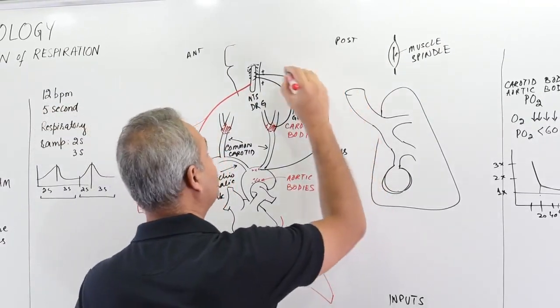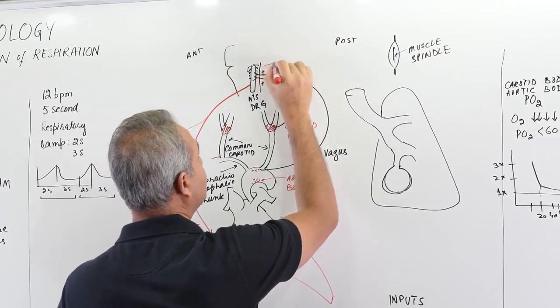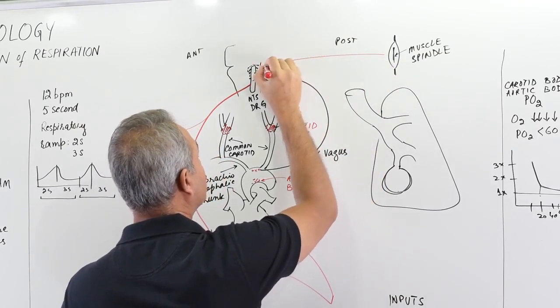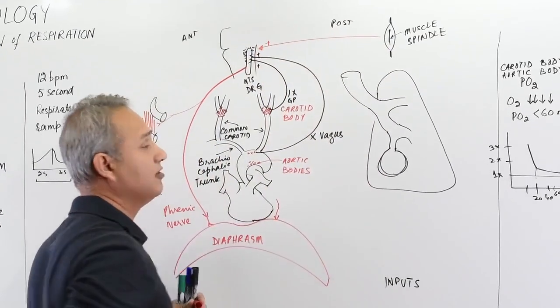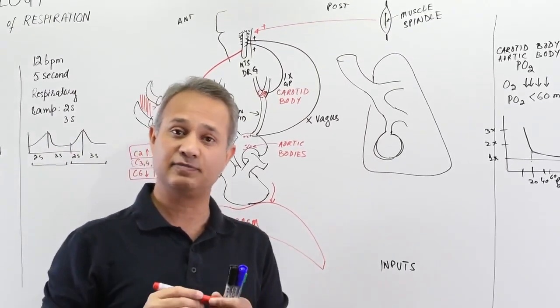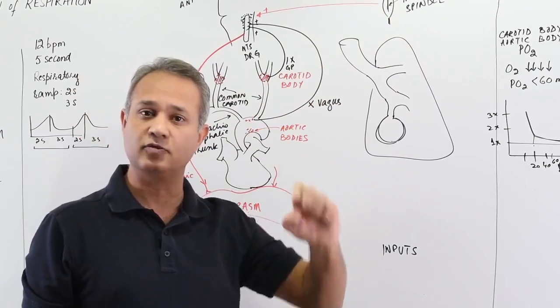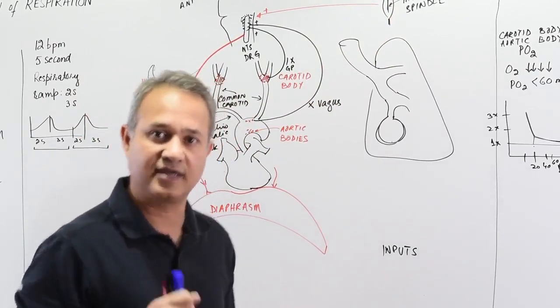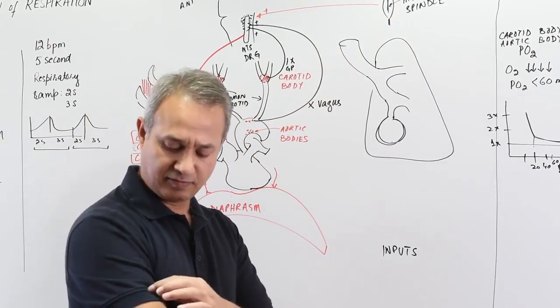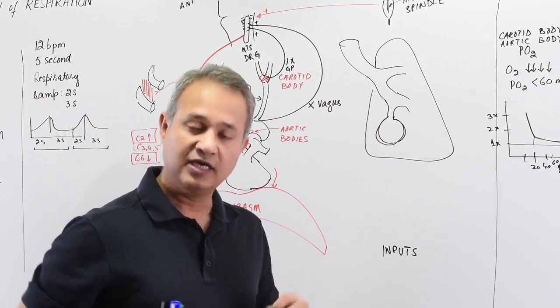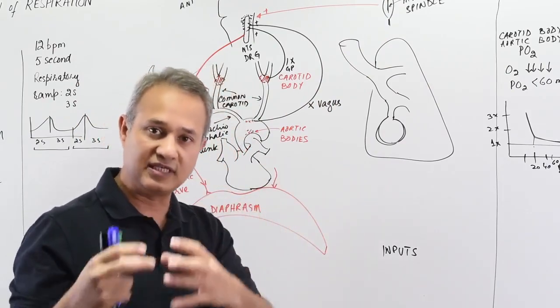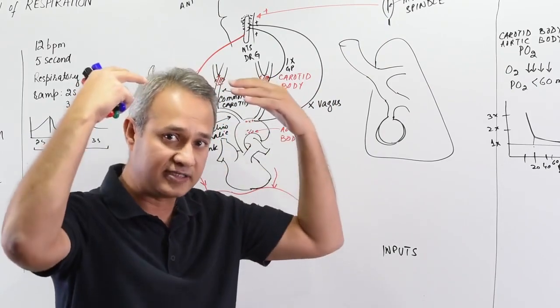One is muscle spindles can send positive signal for increasing the respiratory rate. And what is that? Actually, Golgi tendon organs and muscle spindles both. For example, if I start doing exercises right now, as I start doing exercises, my muscles and my joints will send messages through the muscle spindles and the Golgi tendon organs to the higher centers.